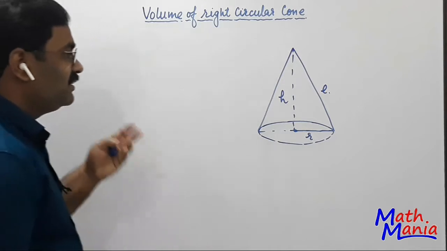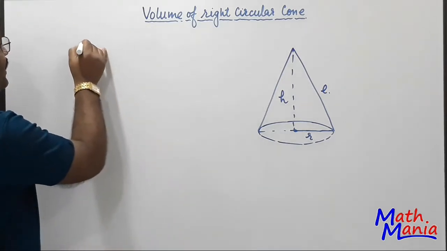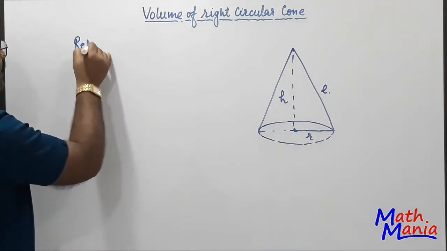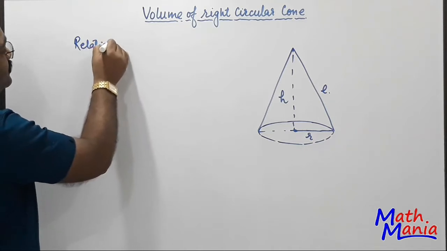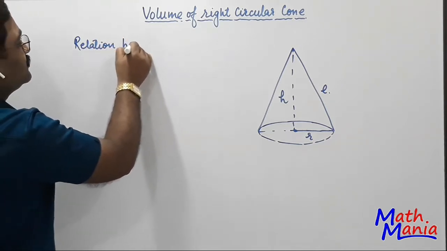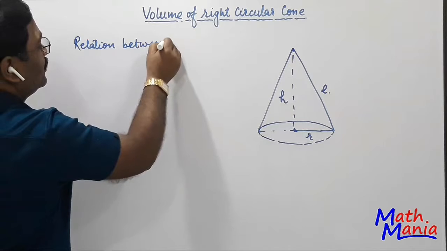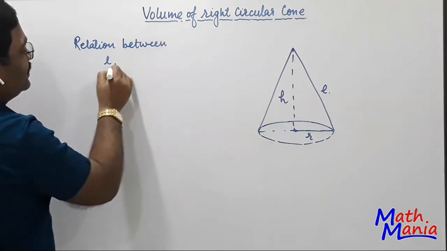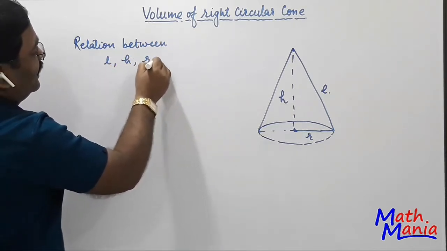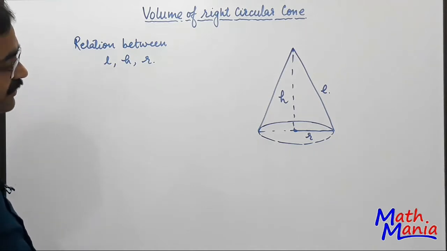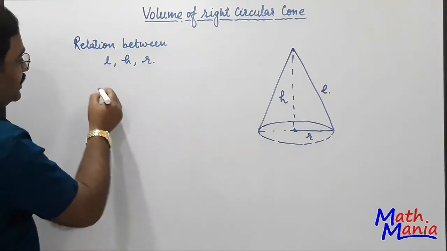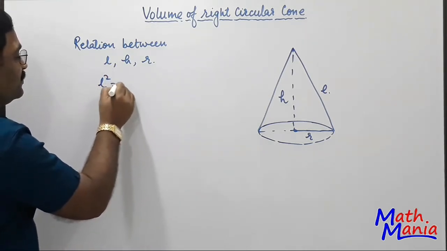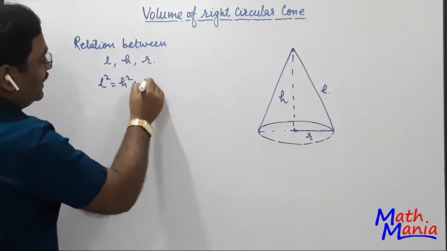You know that the relation between slant height, actual height and the radius of the base of this right circular cone is L square equals h square plus r square.